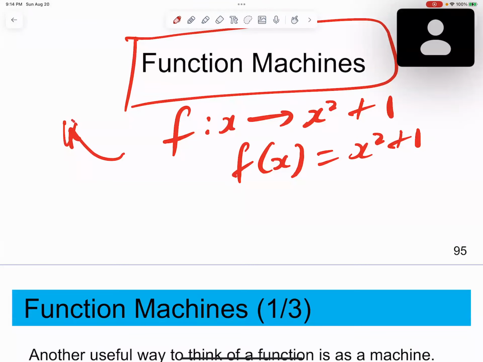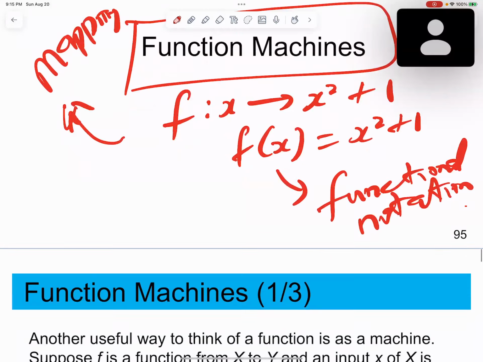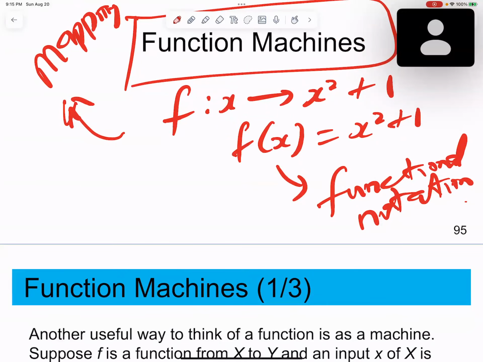In this notation, I'm using a mapping notation, where here I'm using a what? A functional notation. Okay, and what does that do?